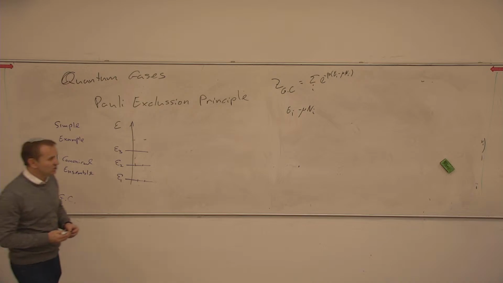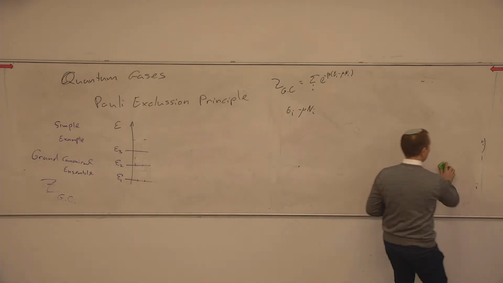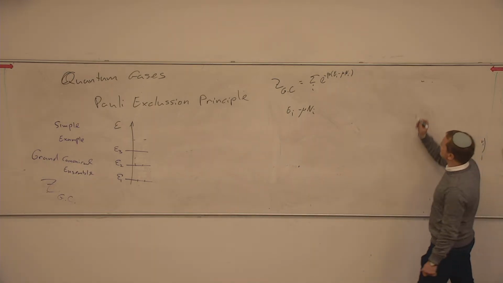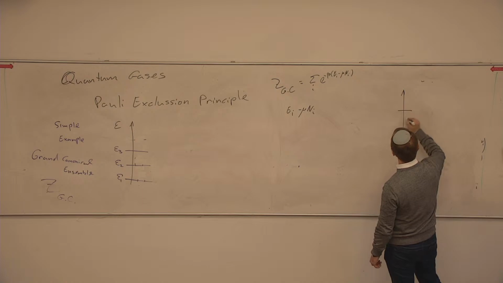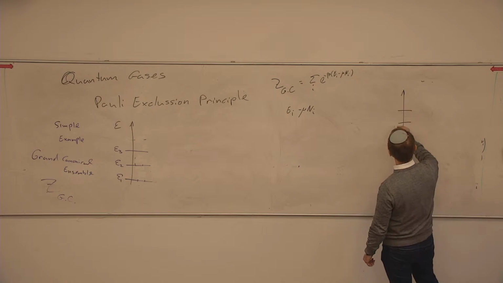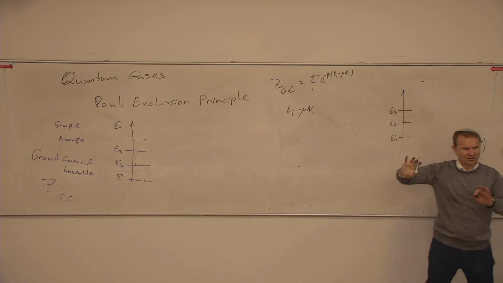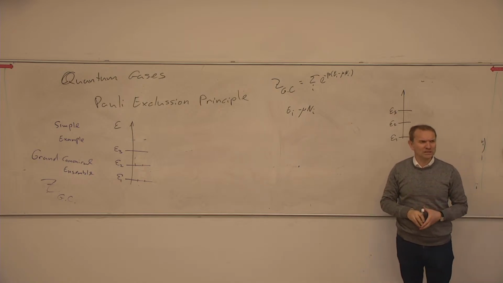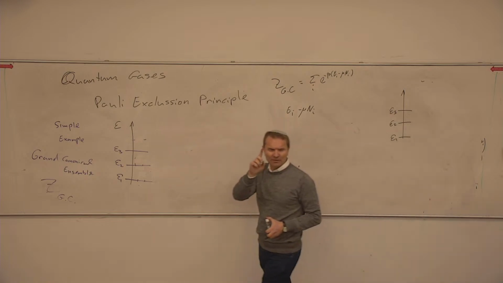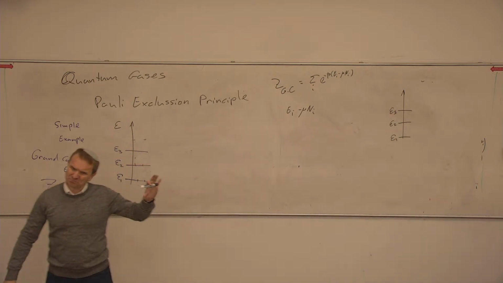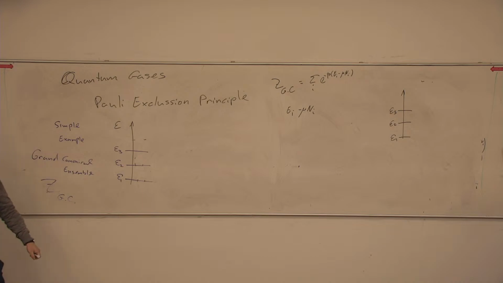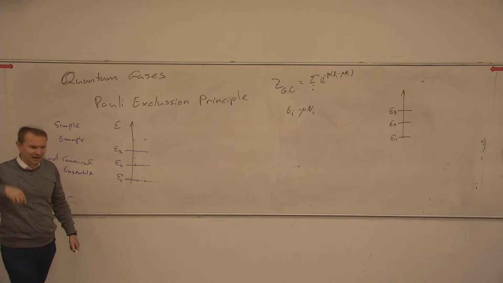One way is just to picture all the different possible realizations of my system. So I have epsilon 1, epsilon 2, epsilon 3. And let's assume for a second that the spin is always plus 1/2. We'll treat a little bit later what happens when we have the degeneracy of plus 1/2 and minus 1/2.